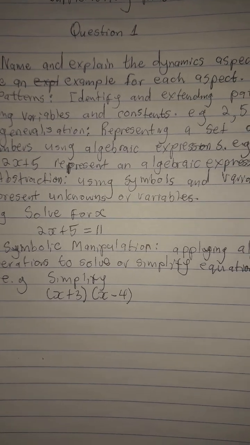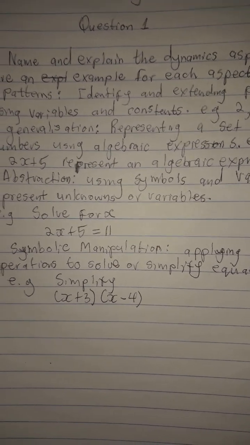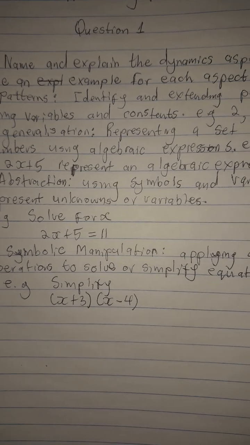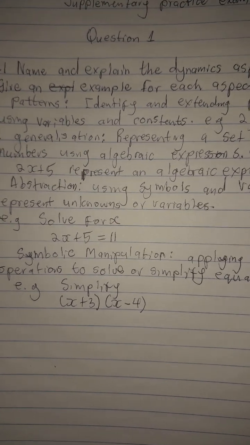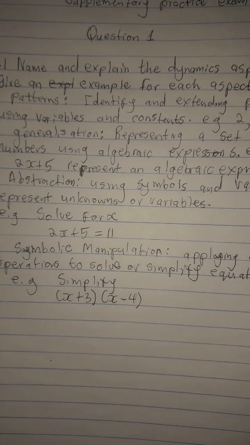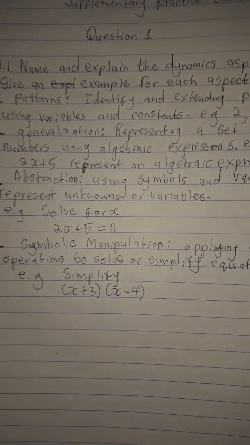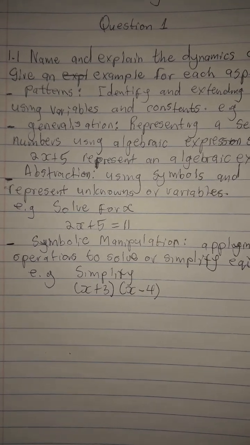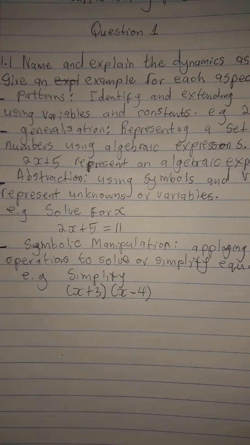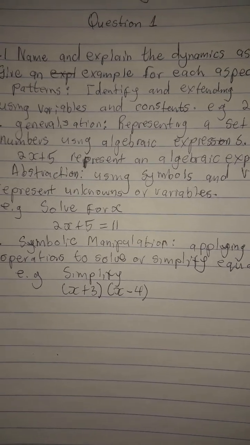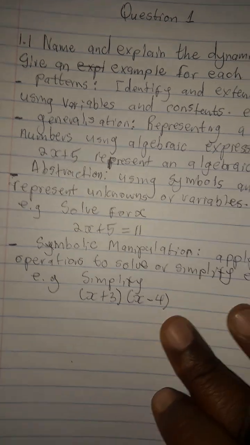If it was an equation, we would have equated to 0. After that, we manipulate the brackets. So that's what we call symbolic manipulation. At 1.1, we were looking at the dynamics of algebra. Let's proceed to 1.2.